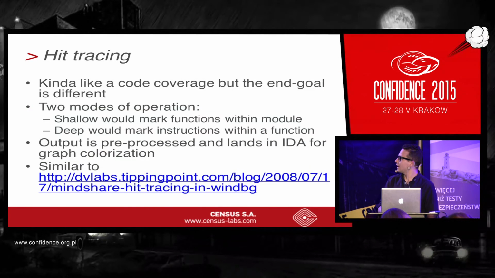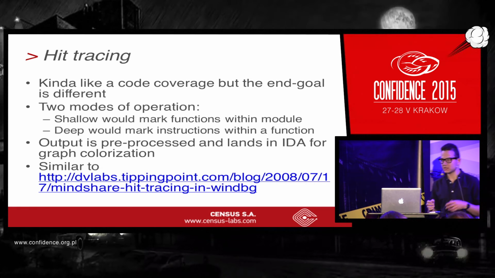And the last idea that I want to implement is heat tracing. It's kind of like code coverage, but the end goal is different. In code coverage, you're tracing the instructions that will be hit inside of the application with a specific input. However, you do that because you want to have as small a pool of files for your fuzzing operation as possible.